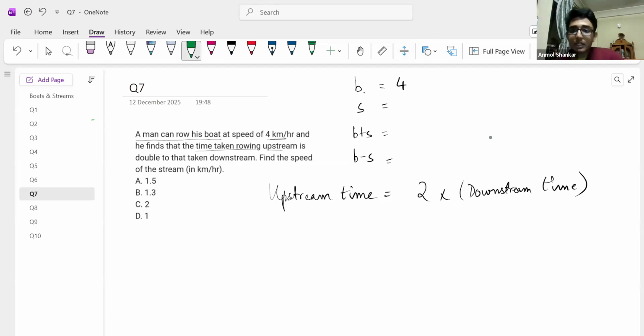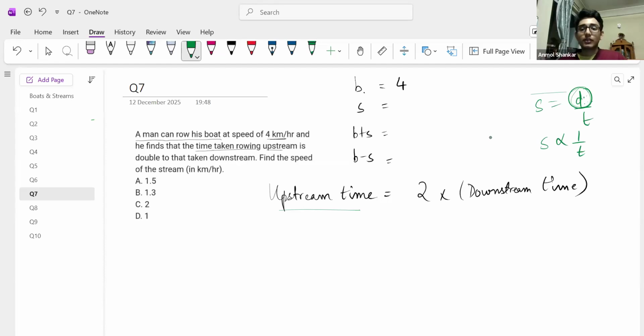Of course here you have to make the assumption that speed is equal to distance by time. To cover the same distance I took double the time upstream compared to downstream. In speed equals distance by time, if distance is constant, speed and time are inversely proportional.